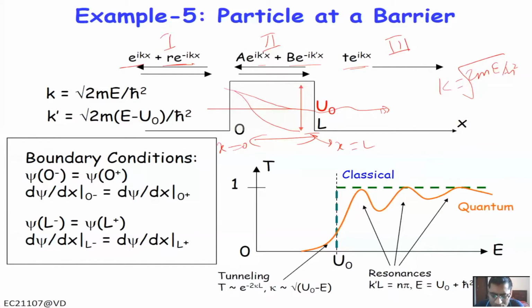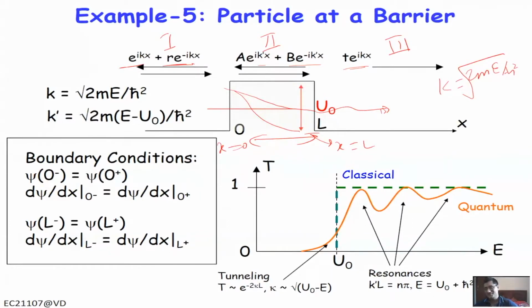So how many variables do you have? R, A, B, and T. And how many equations? Two equations at x equal to 0, two at x equal to L. So four equations, four variables, you can solve it.